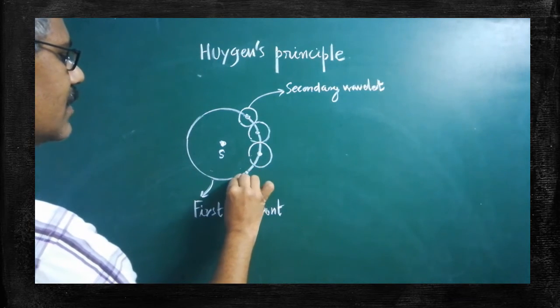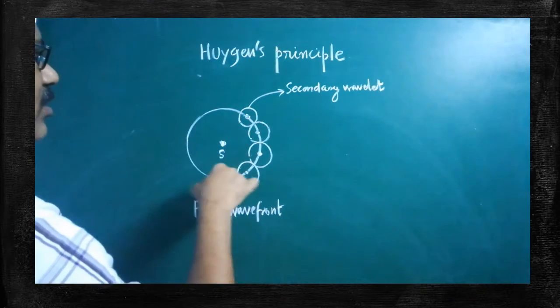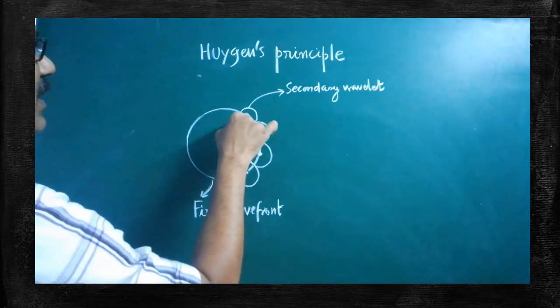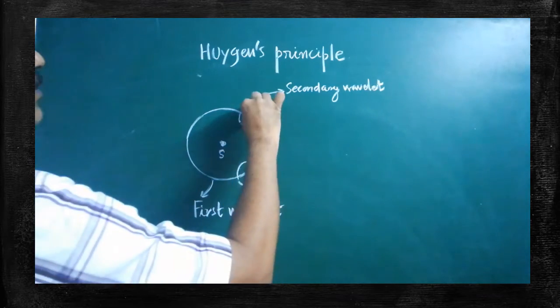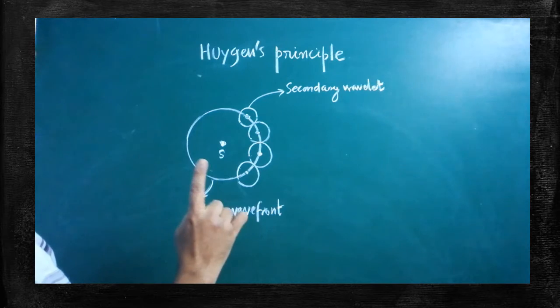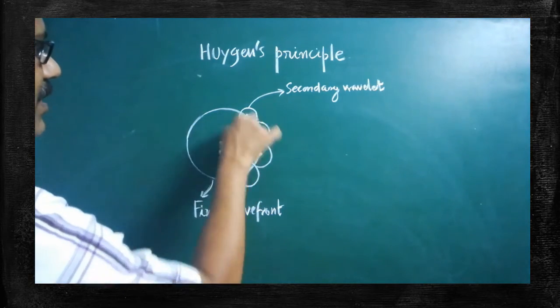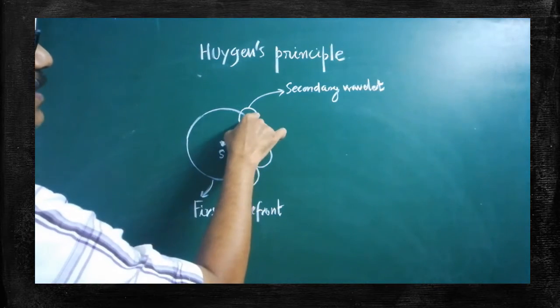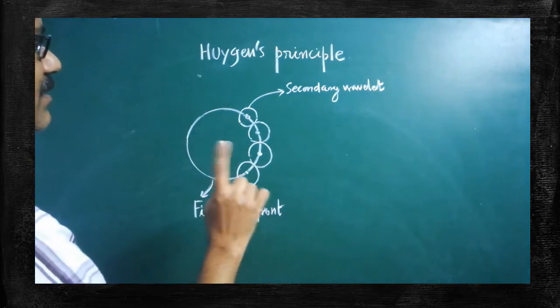Like that we can draw innumerable points. Each point will act as the source of a secondary wavelet. So this is the first principle. In the first principle, he has said that each point on the wavefront acts as a source of secondary wavelets.